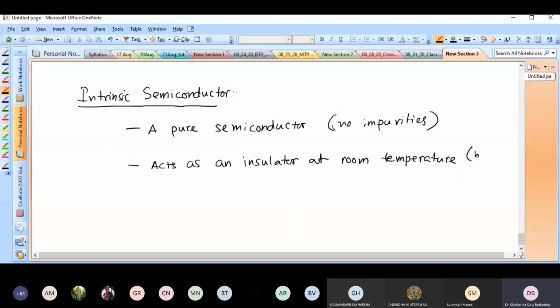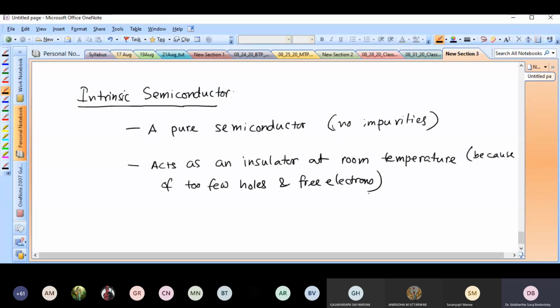Because of too few holes and free electrons being produced. The thermal energy at room temperature is not sufficient to create a lot of free electrons and accompanying holes, so you don't get good conductance.